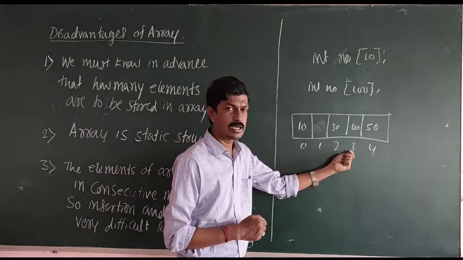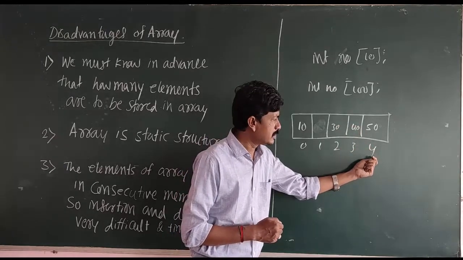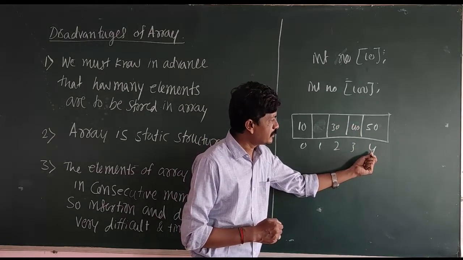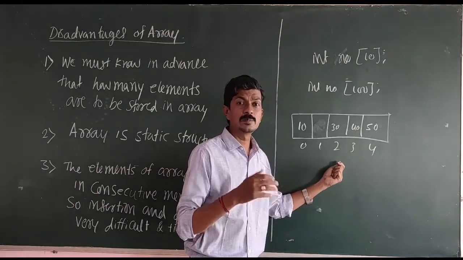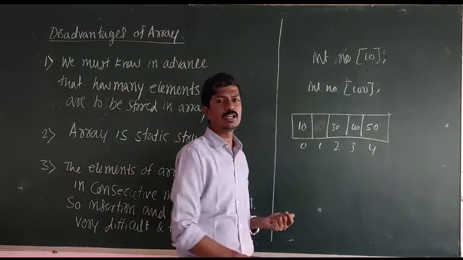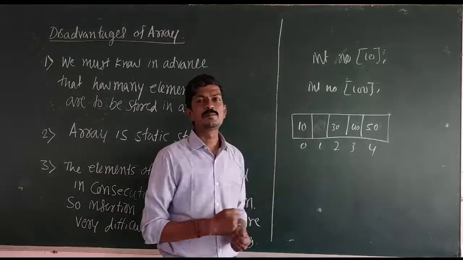The element at index 2 should be shifted to index 1, the element at index 3 to index 2, and the element at index 4 to index 3. If there are too many elements in an array, all of those have to be shifted to their previous index.